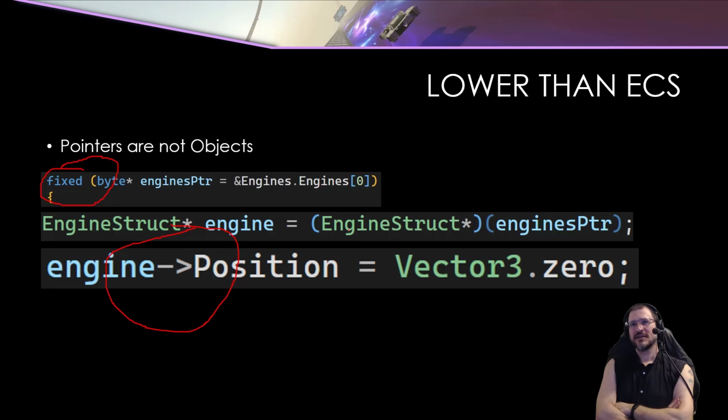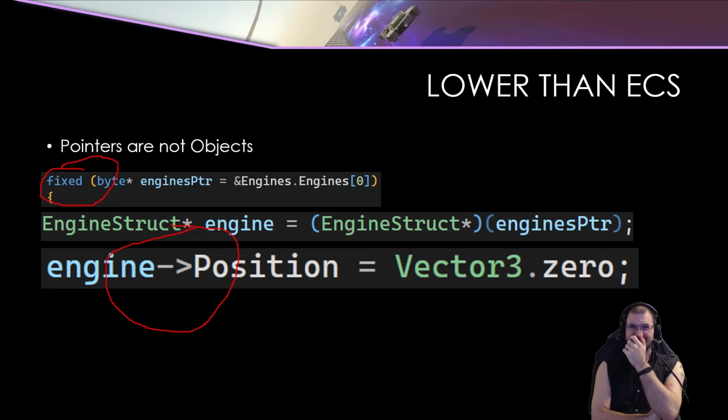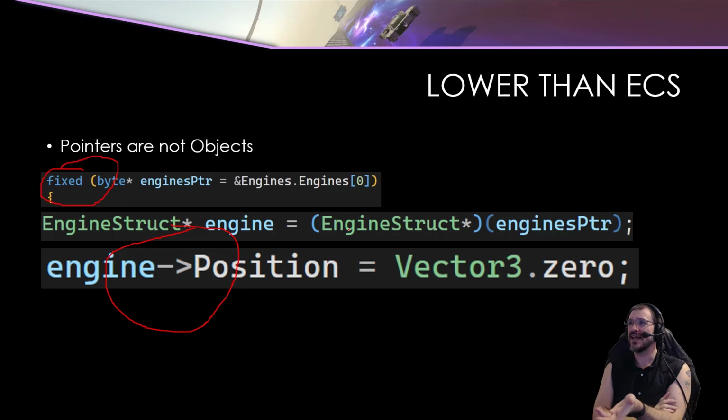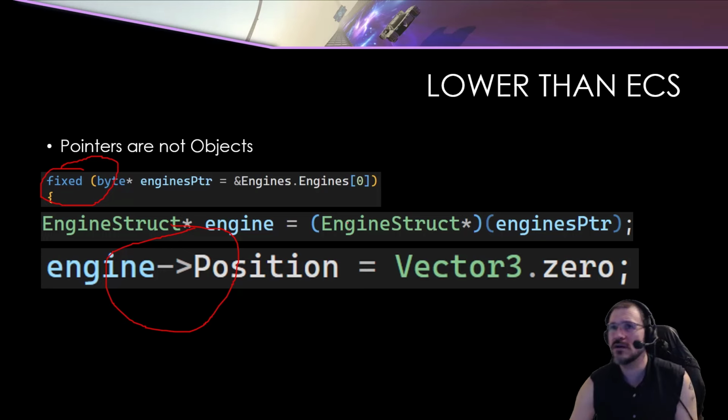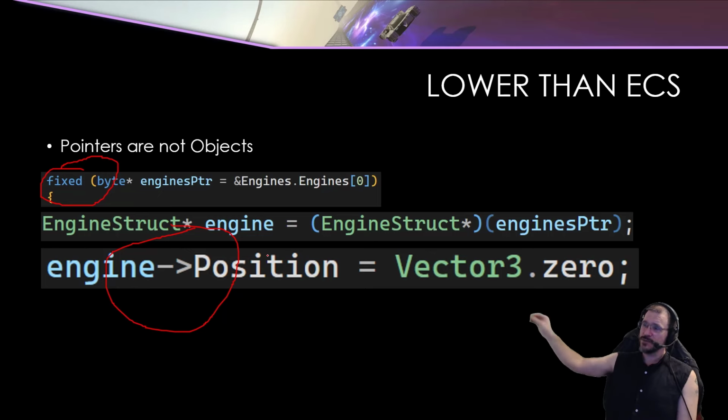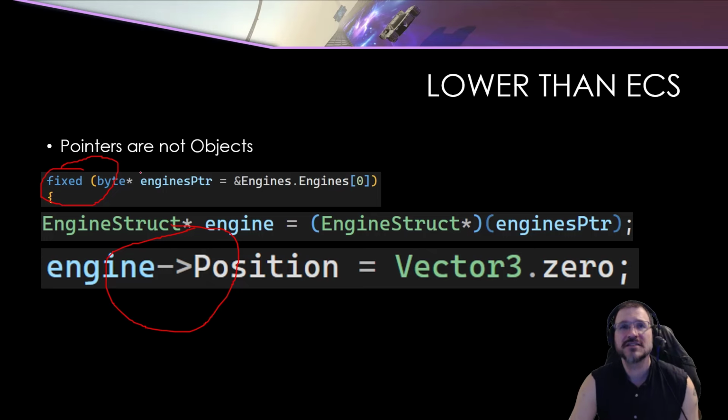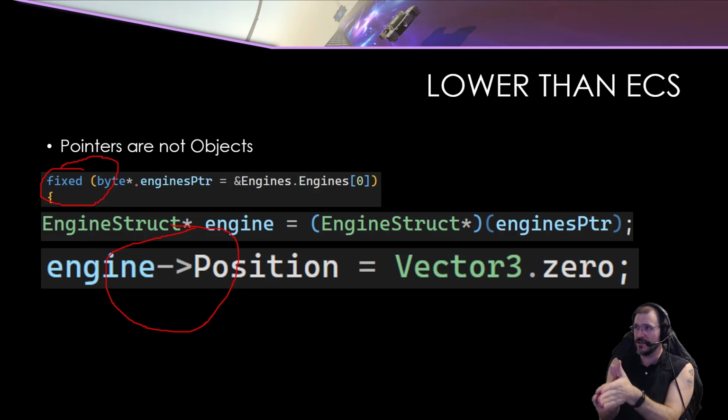Anyway, we don't know when it's going to execute. And because of that, while we are using a pointer in here, if garbage collection moved anything, that pointer would no longer be accurate. And so it's really important that fixed pins the memory.